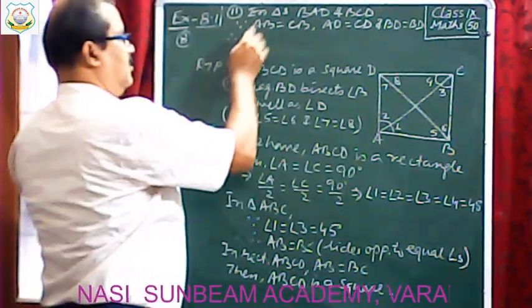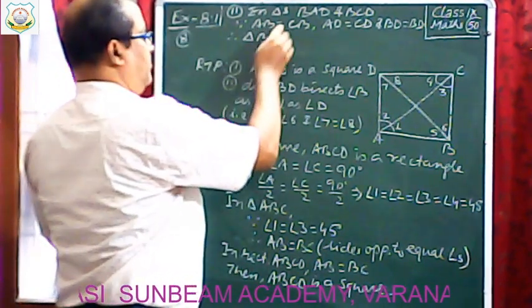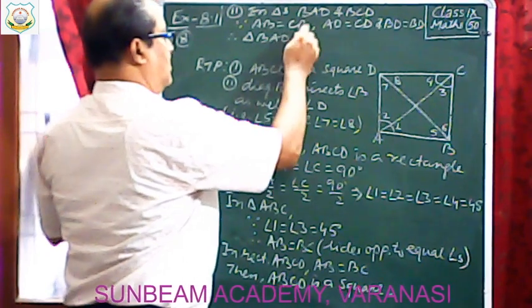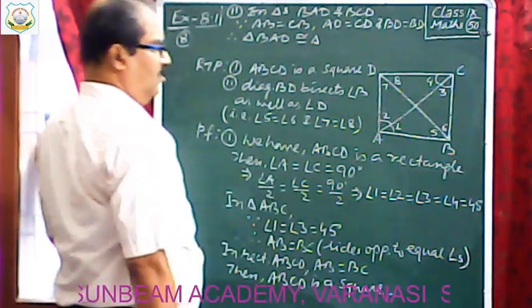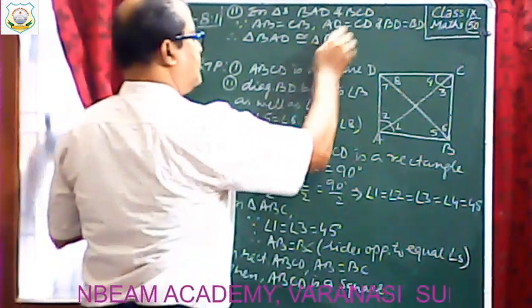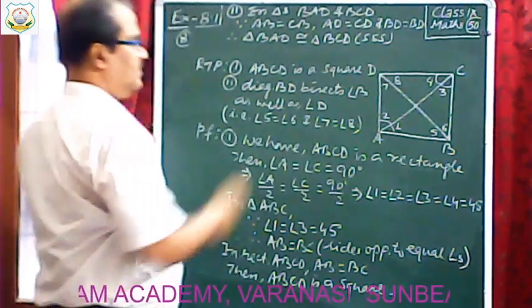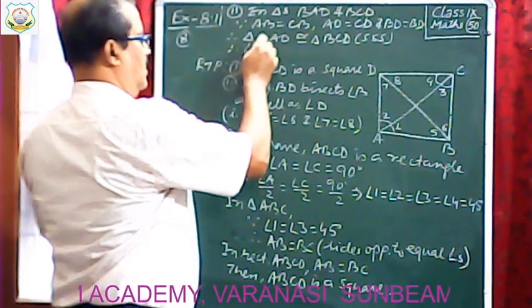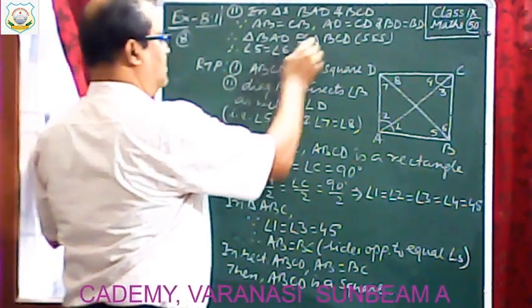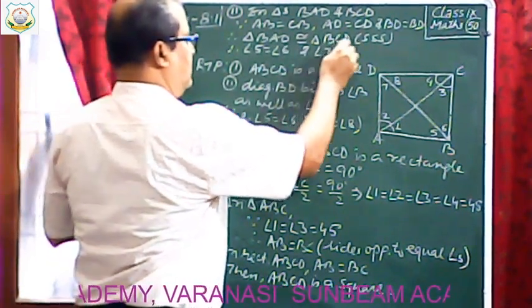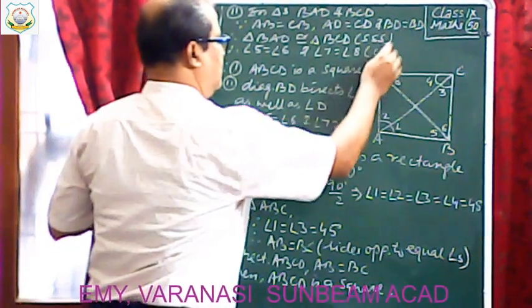So therefore, triangle BAD is congruent to BCD by SSS criteria. So therefore, angle 5 equals angle 6 and angle 7 equals angle 8 by CPCT.